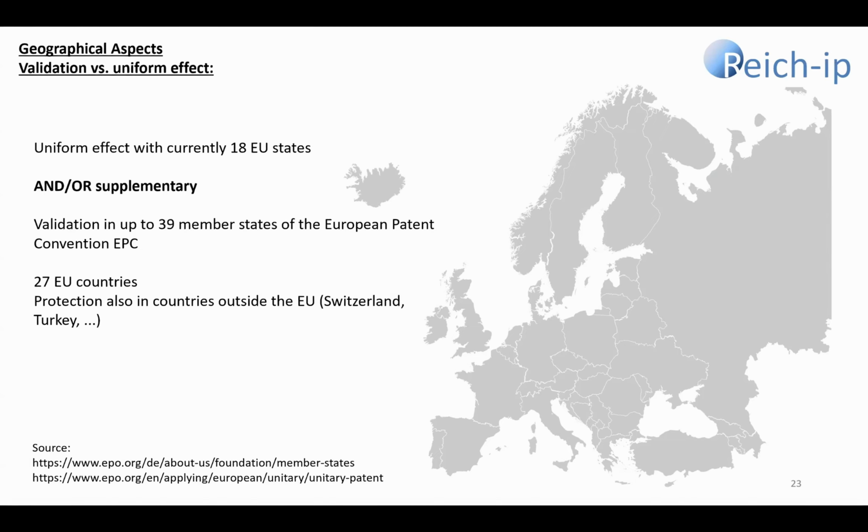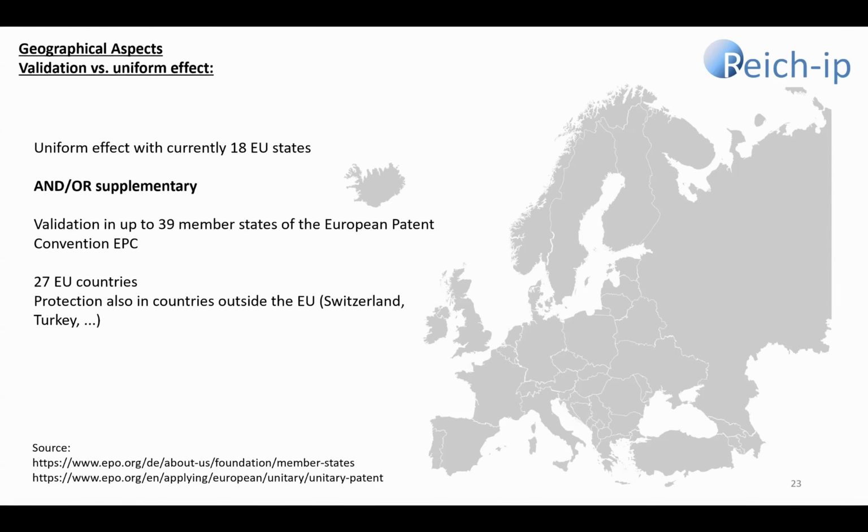Currently, we have 18 EU member states in the unitary system, and so once you receive a grant for a patent, you can obtain unified protection in these 18 states with a single grant.